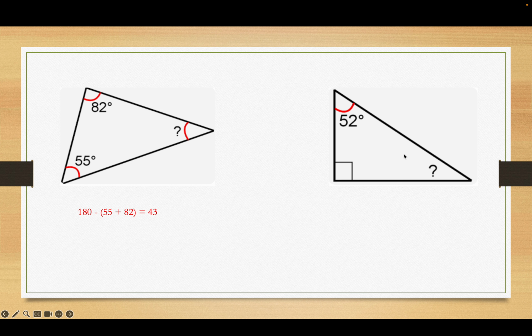Now let's try the next one. See what you get for the question mark there. Again, first I add up this symbol here. This is a right angle symbol. That means 90 degrees, okay? The 90 plus the 52 is going to add up to 142. 180 minus 142 is 38.